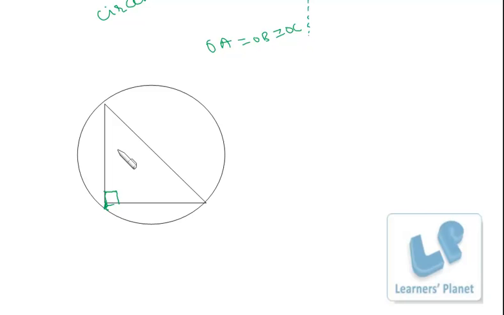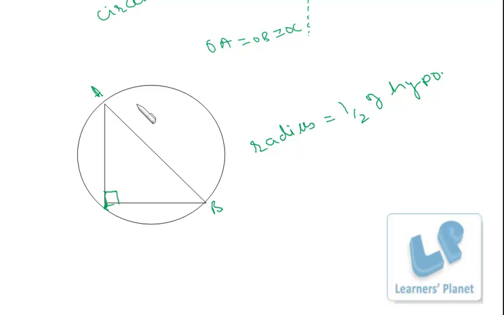So if this angle is 90 degrees, that means this must be the diameter. So when there is a right angle and we have a circle around it, AB is the diameter. The hypotenuse will be equal to the diameter of the circle, which means the radius will be half of the hypotenuse. If you know this property, you can solve this problem very easily.